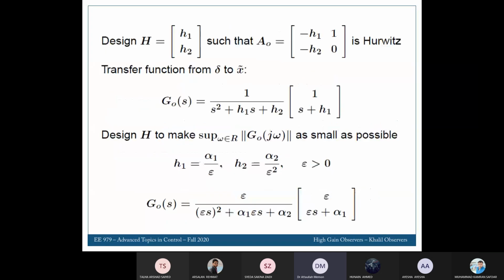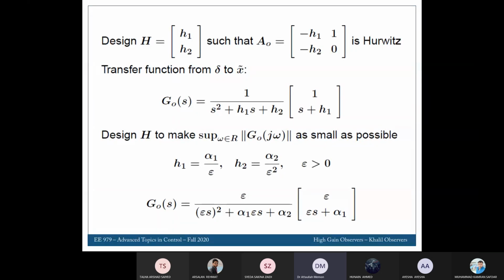So for that, I'm going to find the transfer function from delta to x tilde, which appears to be here. What I'm going to see is an equation where I have h1 and h2 appearing. And now if I choose h1 and h2 appropriately, I can ensure that this transfer function remains 0 or as small as possible over the whole range of frequencies.